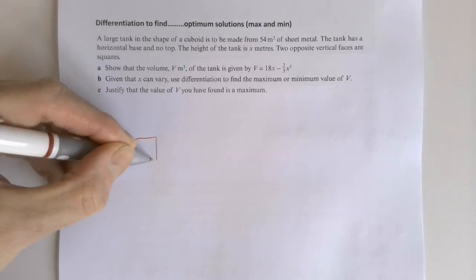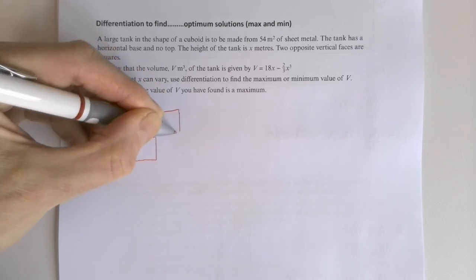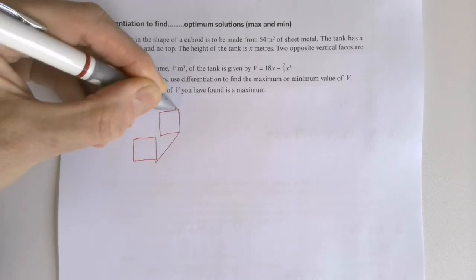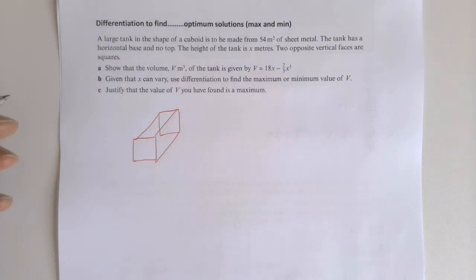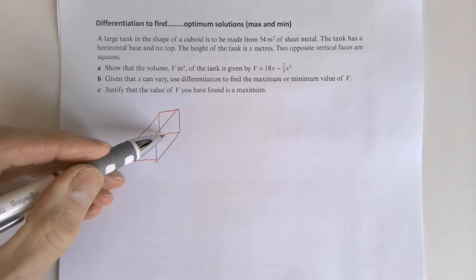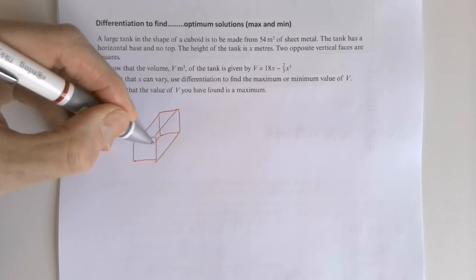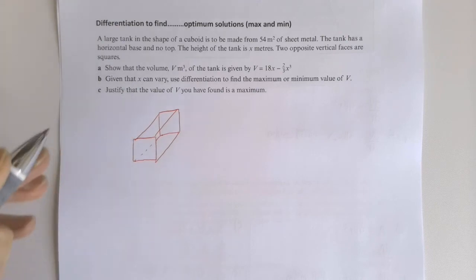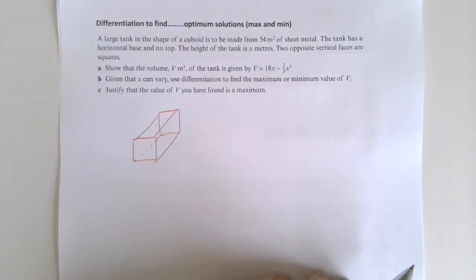So you've basically got a square end here and a square end here, and then the sides here. And you've got 5 faces: the 2 square ends, and then a side and a base. Let me draw in that. No lid. And those 5 faces, you've got 54 metre squares at your disposal to make them.